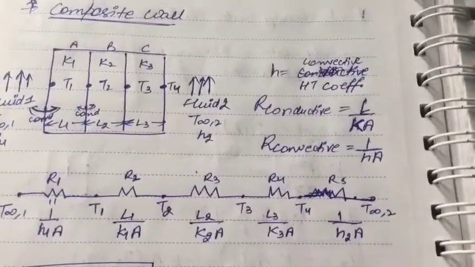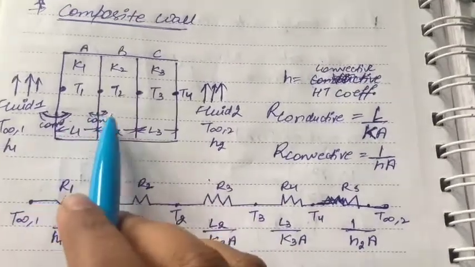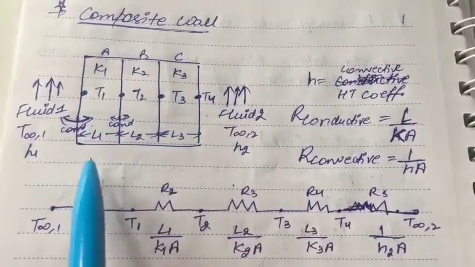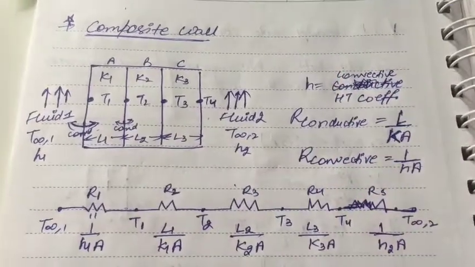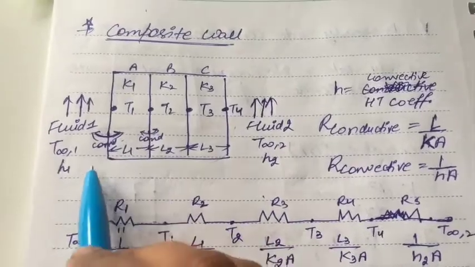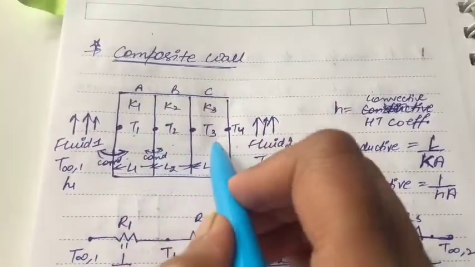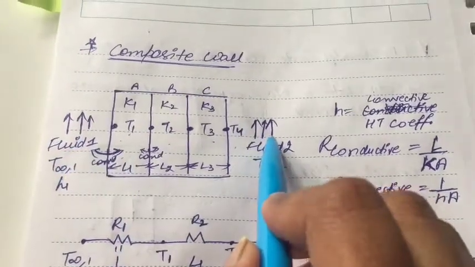Then we have the composite wall. A composite wall is one in which two or three solid surfaces are joined, and fluid is flowing from the outside. In this example, we have three slabs put together, and fluid 1 and fluid 2 are flowing from the outside.